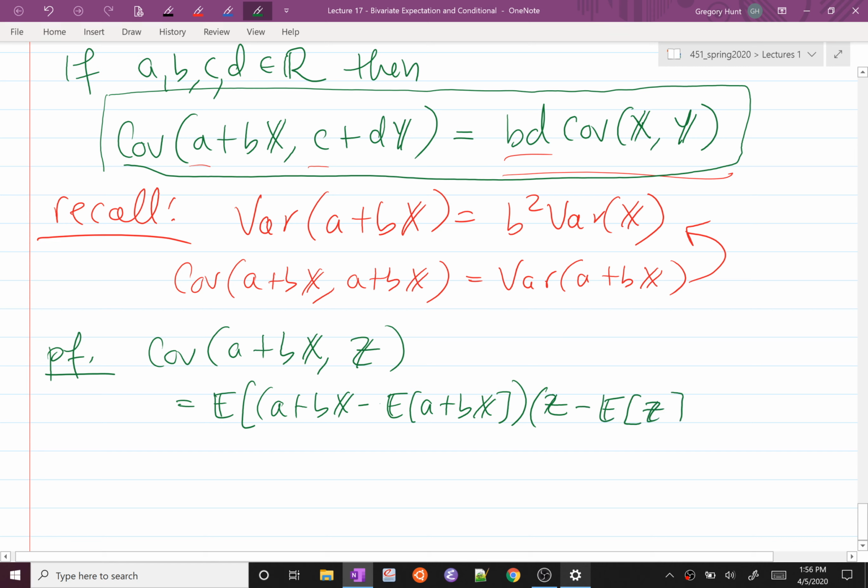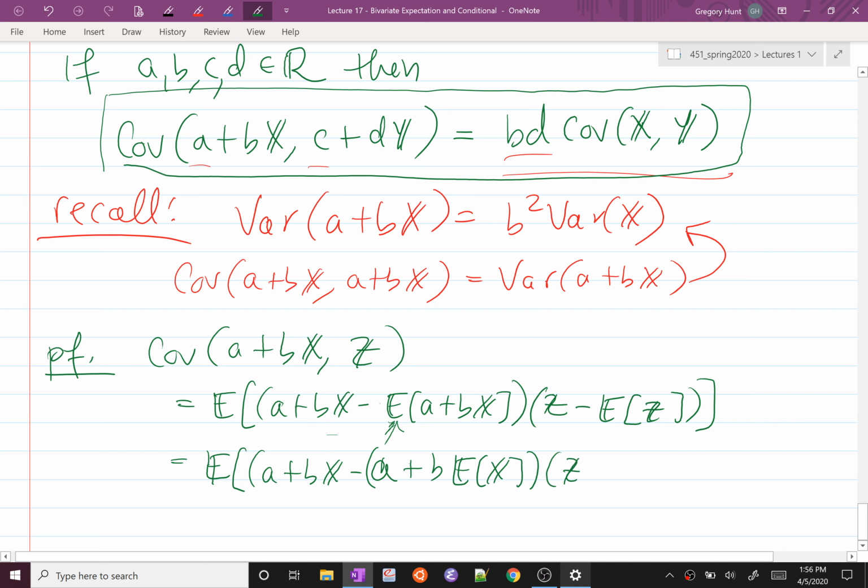So this is all just plugging into our formula for covariance, except now instead of x, y, it's A plus BX and Z. It's the first one minus expectation times the second one minus expectation. And I can obviously distribute this inner expectation over the A plus BX. So we get A plus BX minus A, minus B times the expected value of X.